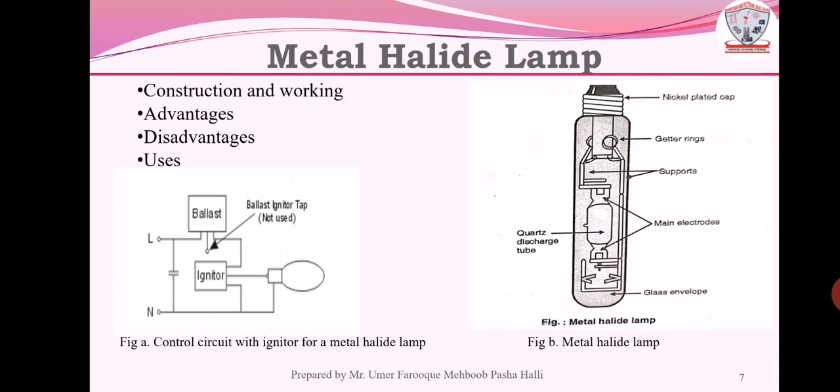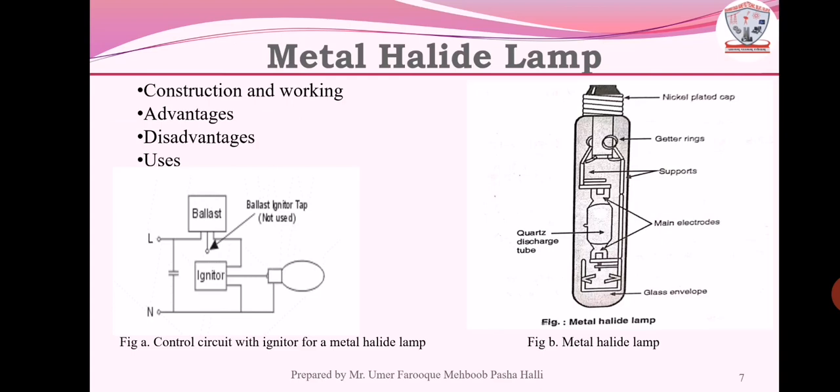When materials like thallium, indium, sodium are introduced into the mercury arc tube, the mercury spectrum is suppressed, reducing the ultraviolet radiation, but the added metal atoms partly compensate by causing a wider range of the spectral band to be emitted.